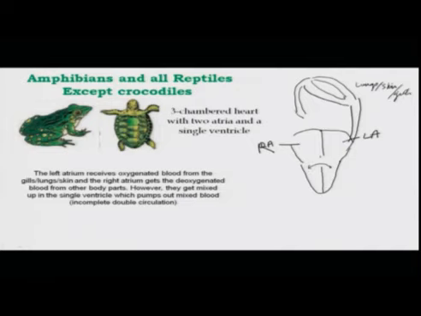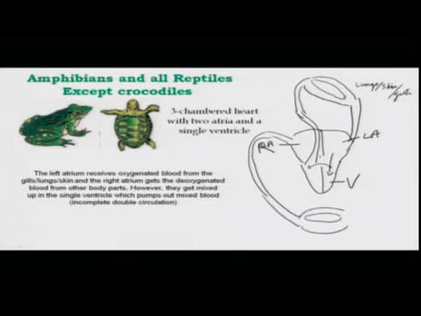Now, this blood coming out of the ventricles first goes to the lungs or the skin to get oxygenated, and then oxygenated blood comes back into the left atrium and then from that it flows into the ventricle. So, here in the right atrium on the other hand, blood from the systemic circulation, that is deoxygenated, is coming.